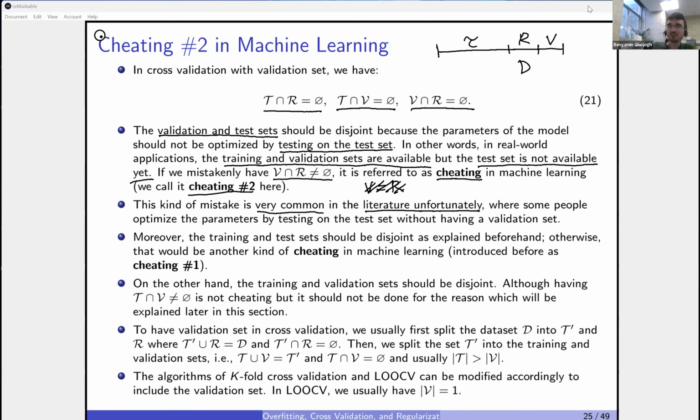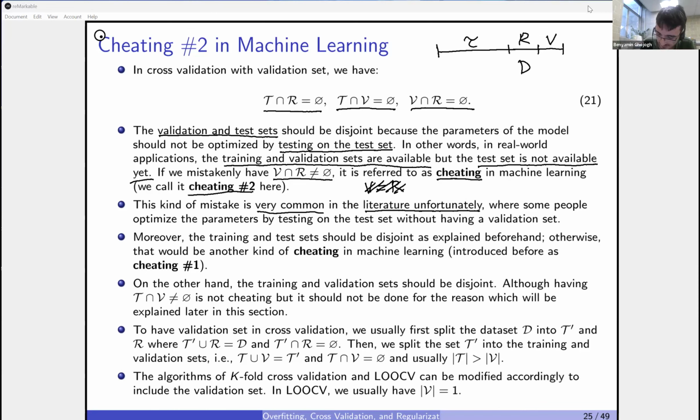Actually, I have reviewed some papers, and in my comments as a reviewer to the authors, many papers have made this mistake, and I have said you need to redo this experiment by holding out some validation set and finding your best hyperparameters using the validation set, not the test set. You are using the test set, and that's called cheating in machine learning. Okay, that's one thing.